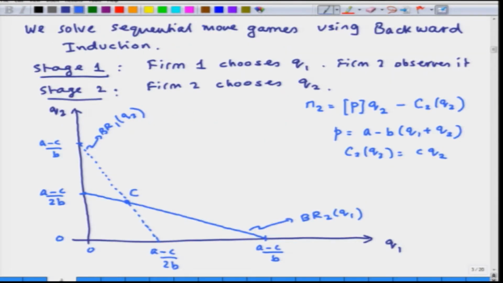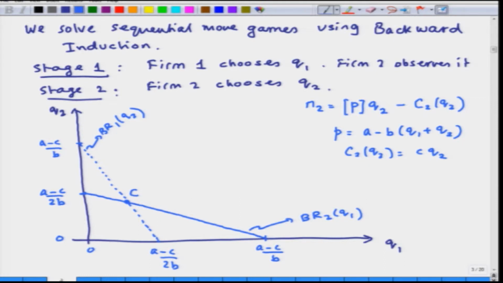Okay. Now, if you look at the best response functions, these best response functions are downward sloping. This is a statement which is essentially equivalent to a game of strategic substitutes, right. So, the fact that quantities chosen by the firms are strategic substitutes is equivalent to saying that the two reaction functions are downward sloping.